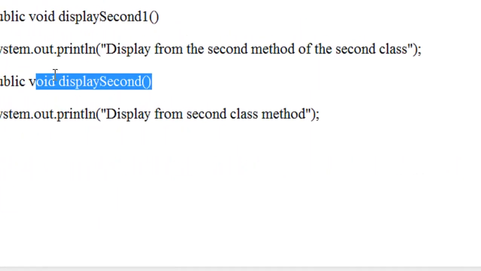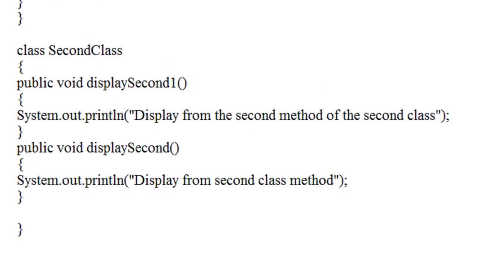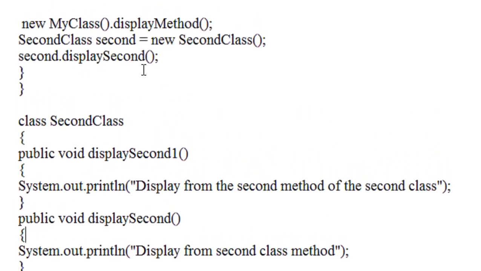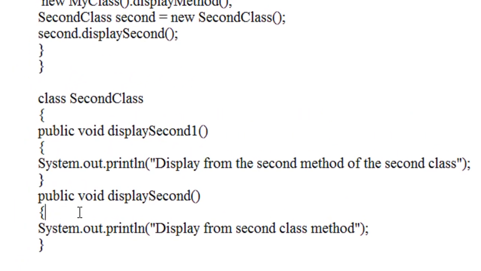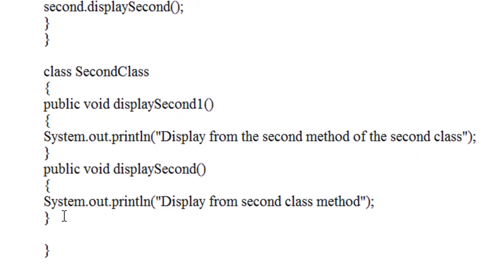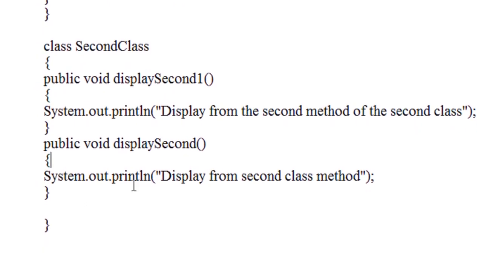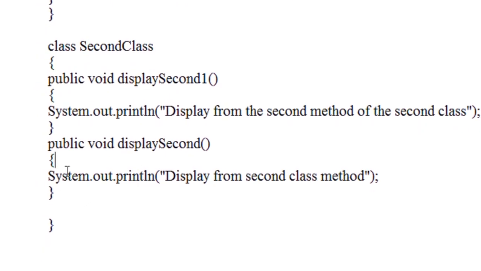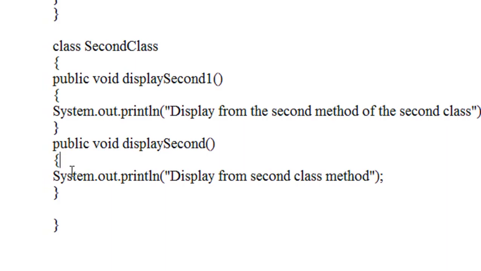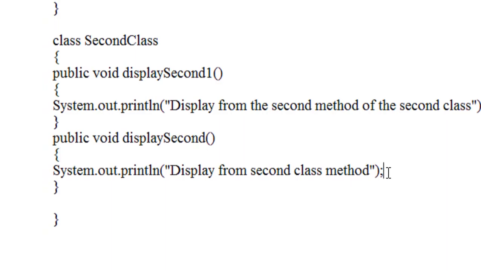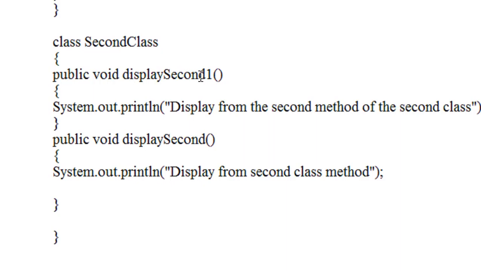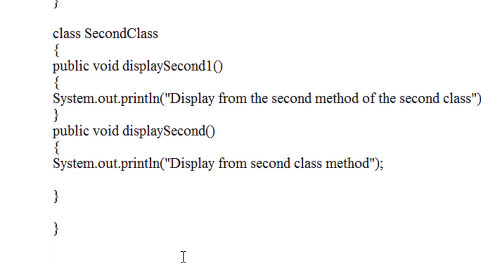So it is possible to create an object of any class inside any function which has access to the JVM. So in the second class itself, I am going to create another object of the second class.